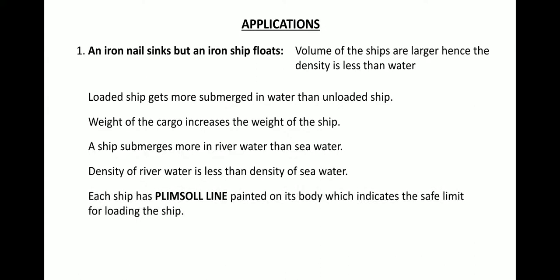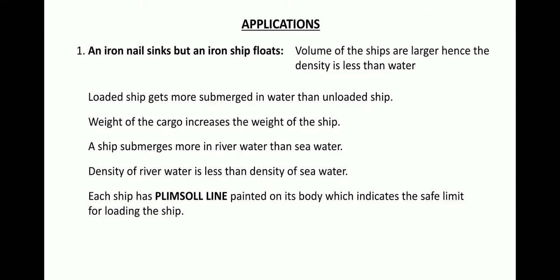Next, each ship has a Plimsoll line which is painted on its body, which indicates the safe limit for loading the ship. So there is a line which is drawn, which indicates that the cargo must have some limit. You cannot keep on putting the load on the ship, because if this Plimsoll line just touches the surface of the water, that is a critical stage.